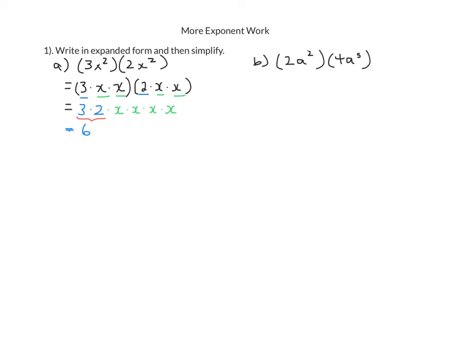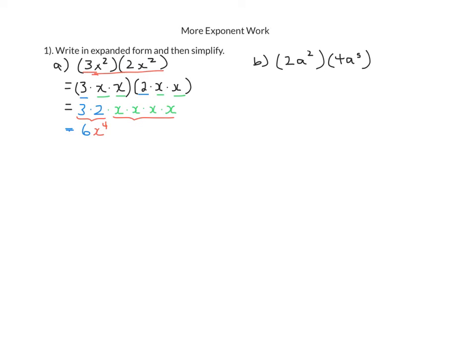And then I can use the simplified form, the power form, to write x times x times x times x. That really is 4 factors of x, or x to the exponent of 4. All right, so my answer to this question up above really becomes 6x to the 4.